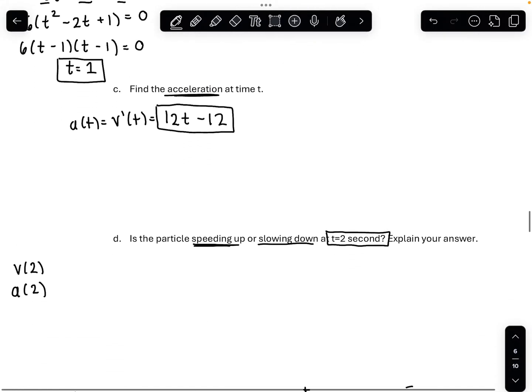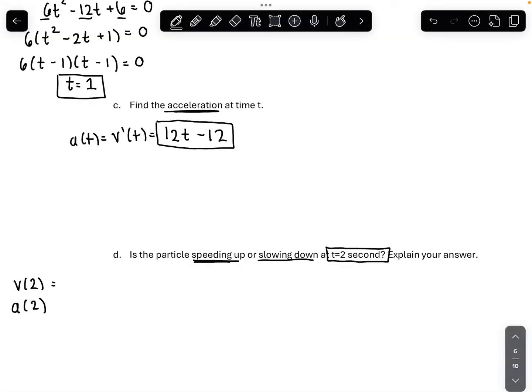So let's see. Our velocity at 2 would be 6 times 2 squared minus 12 times 2 plus 6. And our acceleration is going to be 12 times 2 minus 12.